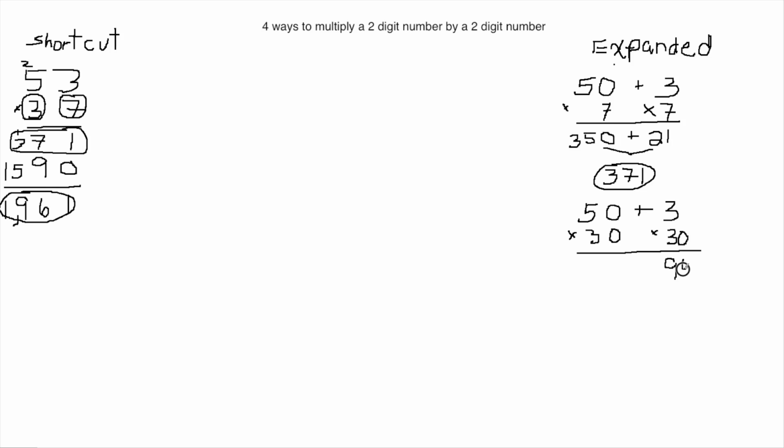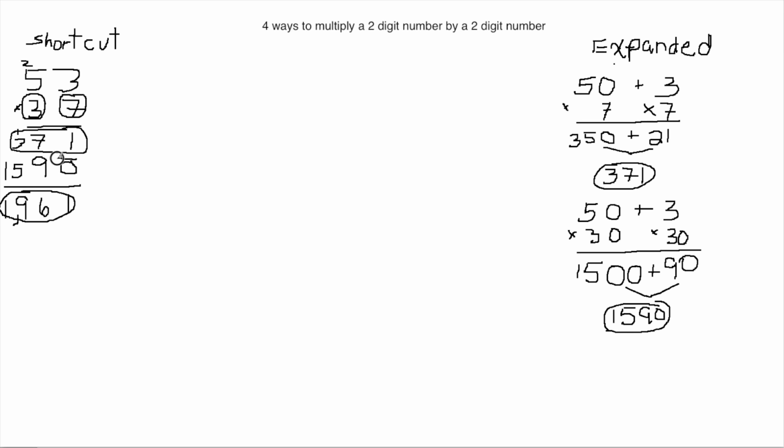Add the 0. 3 times 5 is 15. Add the 2 zeros. Bring down the addition sign. Now add these two together, and you get 1,590. There's your second partial product.